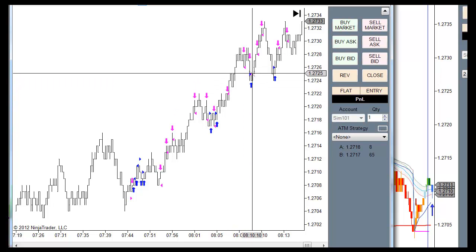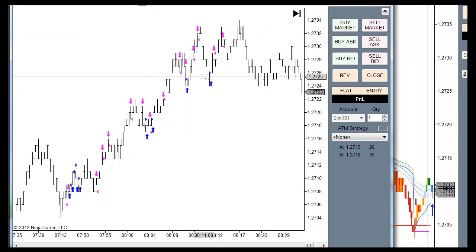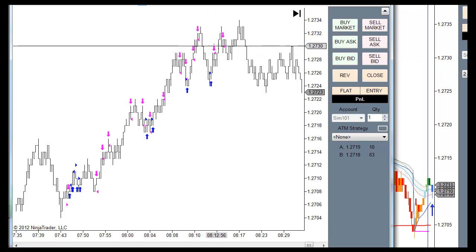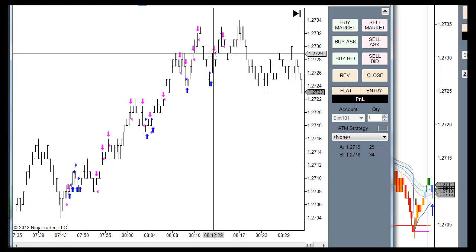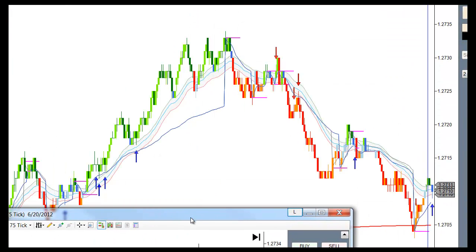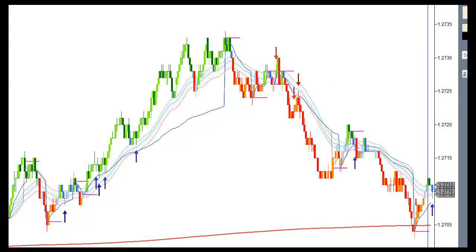And then re-entered long again, took another profit, and then we had a nice pullback into here and hit our profit, and then I got long again, profit target. The last trade that I just showed you corresponded to this pullback right in here.